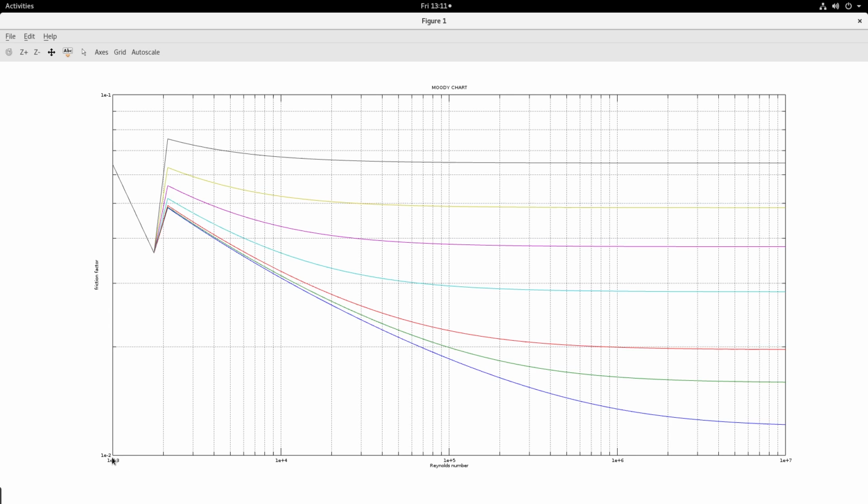The friction factor is from 0.01 to 0.1. Now you have this family of curves here. The parameter is the roughness ratio. This is at 0.0001. This is 0.04, like that.